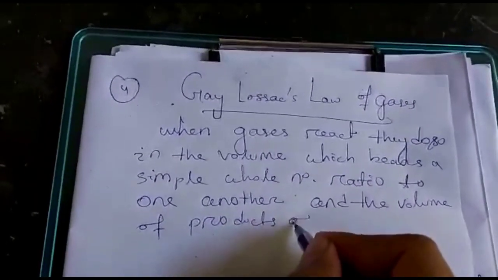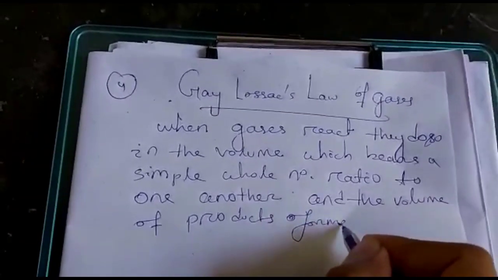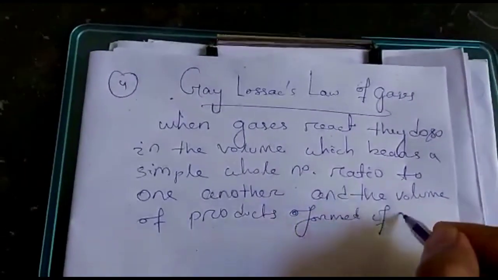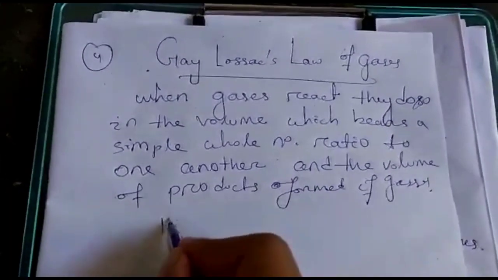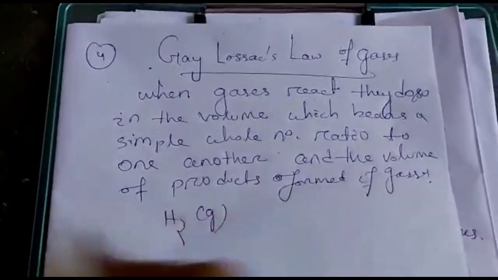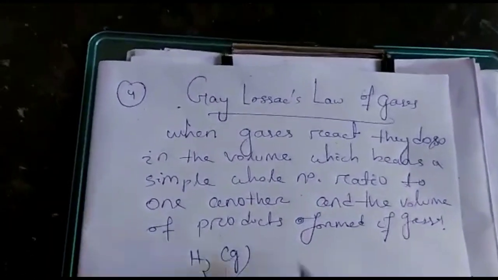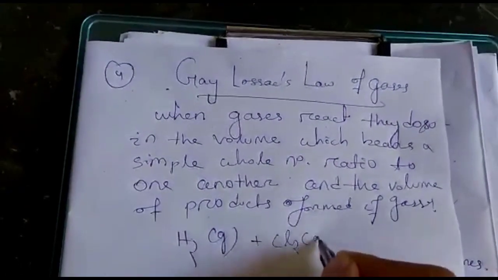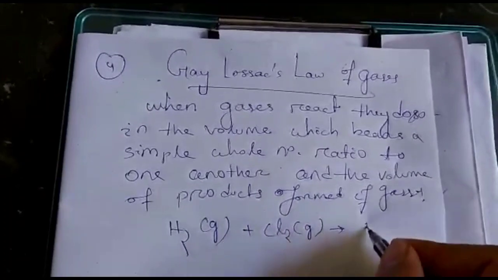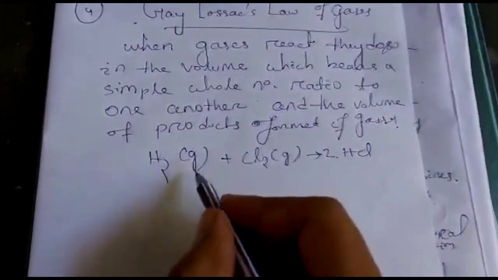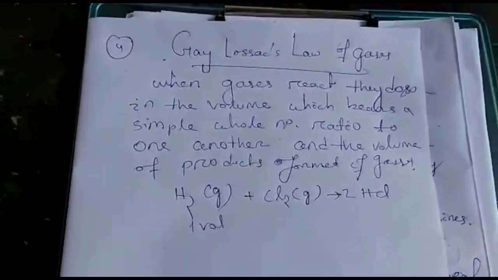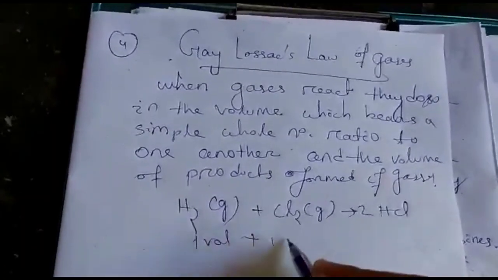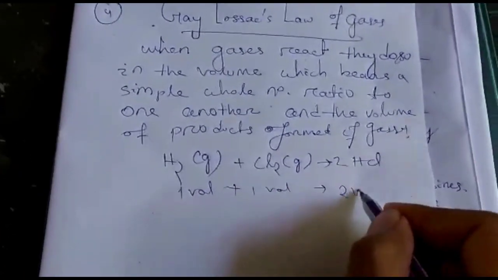Suppose you have hydrogen gas. When it combines with chlorine, you will get HCl. If it is a gas, suppose you take 1 volume of hydrogen and 1 volume of chlorine, then you will get 2 volumes of HCl.